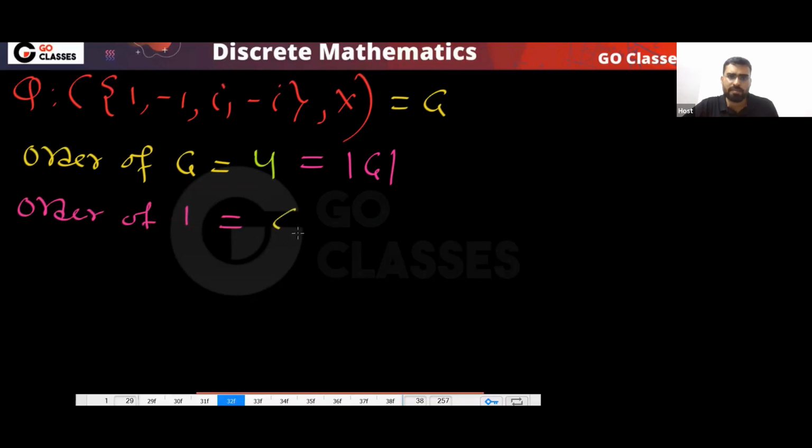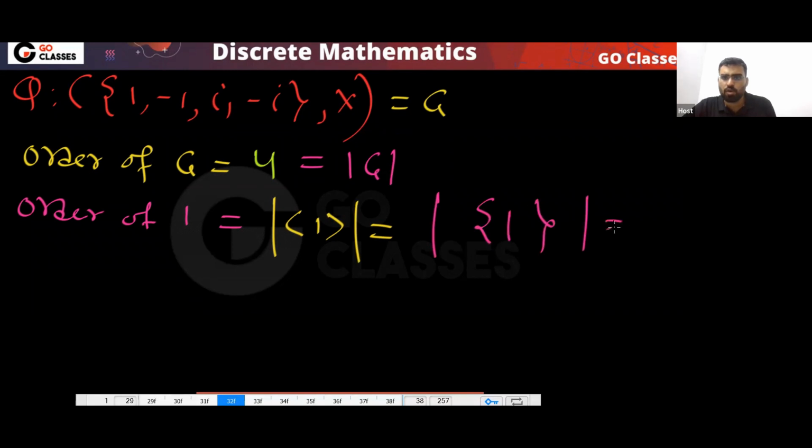Now tell me the order of 1. That means the cardinality of the subgroup generated by 1. What is the subgroup generated by 1? This is the subgroup generated by 1, so the cardinality will be 1, because this is the identity element.